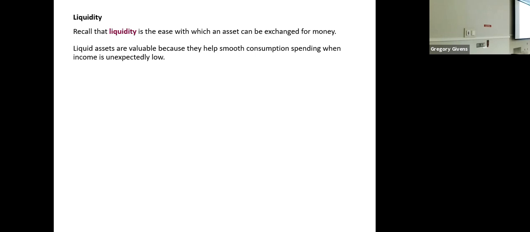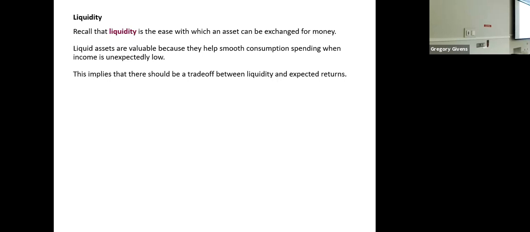So just like there is a trade-off between expected returns and risk, there is also a trade-off between liquidity and expected return, right? Money has no nominal return, but we don't require any return on it because money is perfectly liquid and it facilitates our transactions, right?